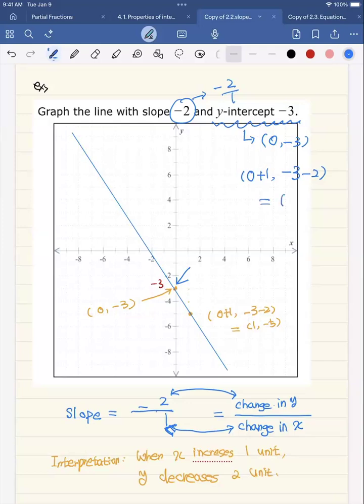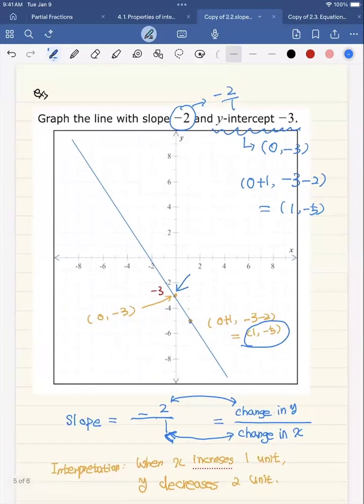Then it'll be 1 and -5. So it must pass 1 and -5. That's plotted here. And then we have to join these 2 points to get this straight line to finish the problem.